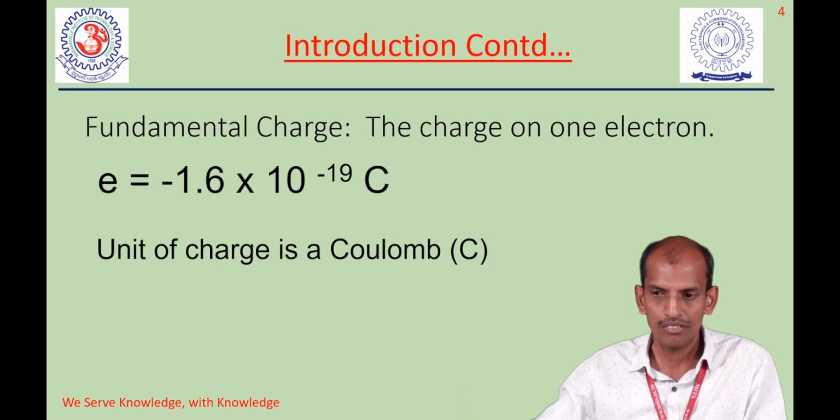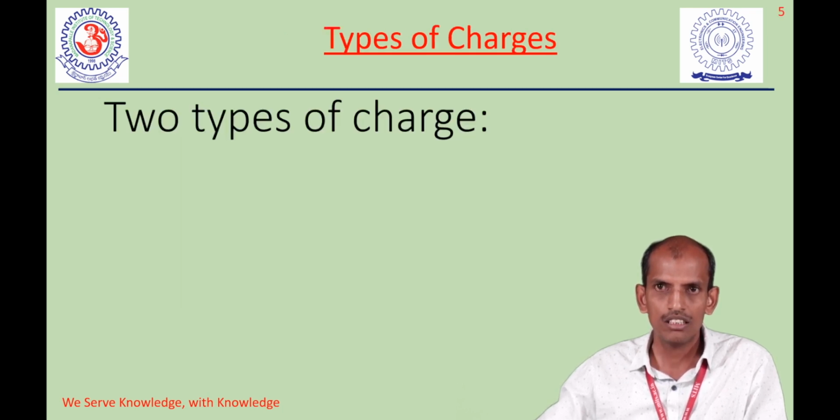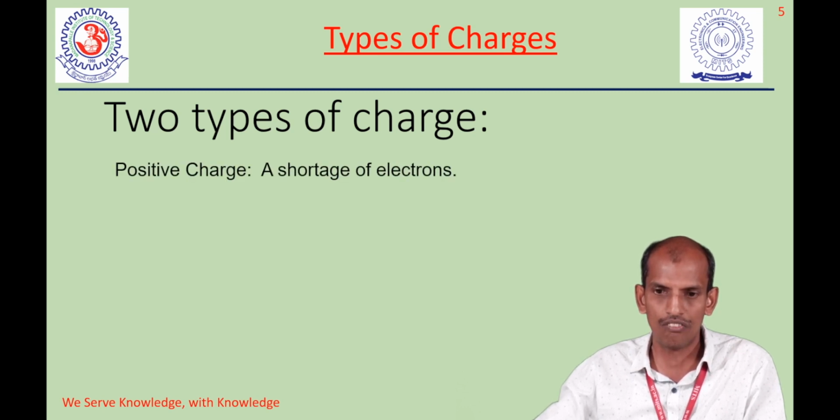Then moving forward, as I mentioned, there could be two types of charge. One is the positive charge. Positive charge simply indicates that there is a shortage of electrons. What I mean by shortage is that it has fewer electrons in comparison to the protons.